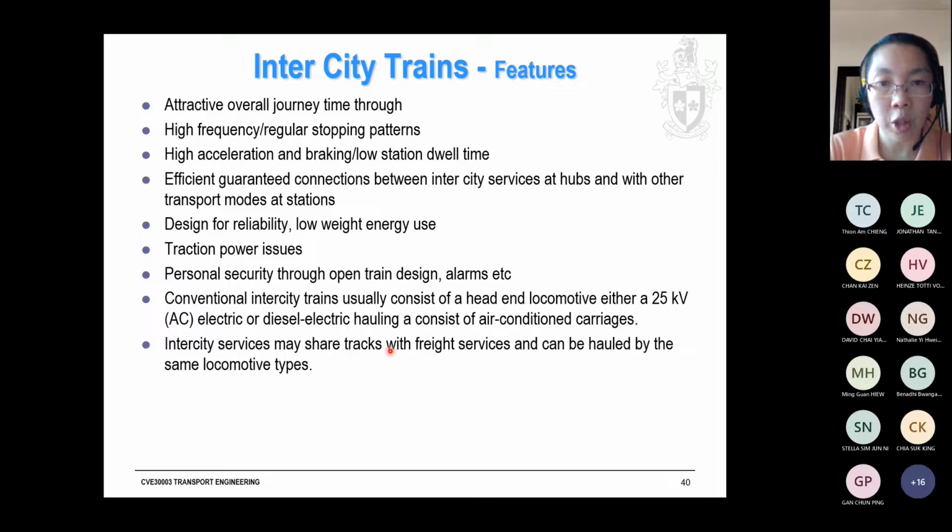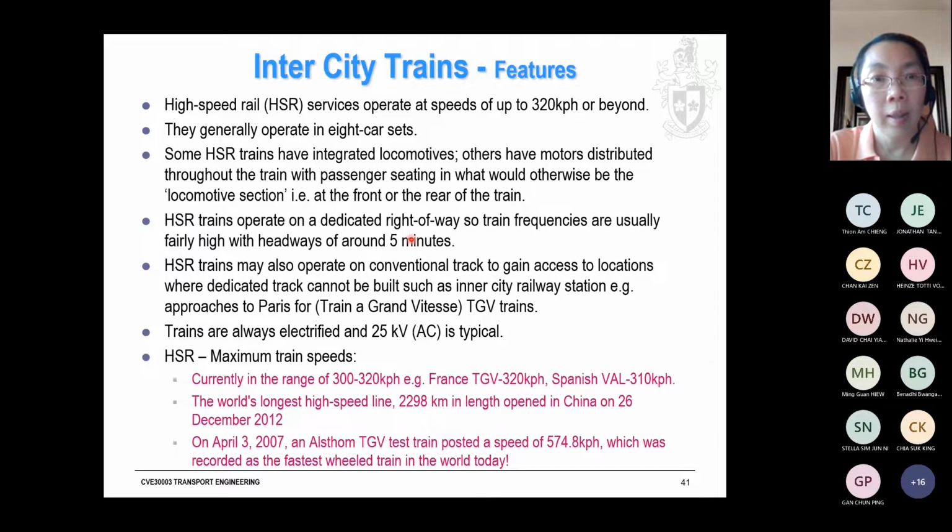Intercity services may share tracks with freight services and can be hauled by the same locomotive types. Now, another type of intercity train, we may use high-speed rail, HSR, which may operate at a speed of 320 or beyond. Okay, and these are really, really high speed with very smooth rail.